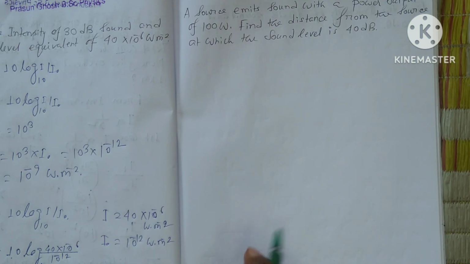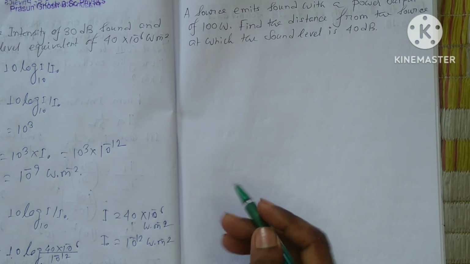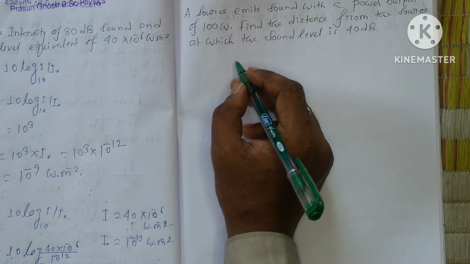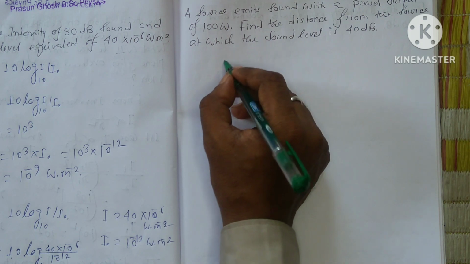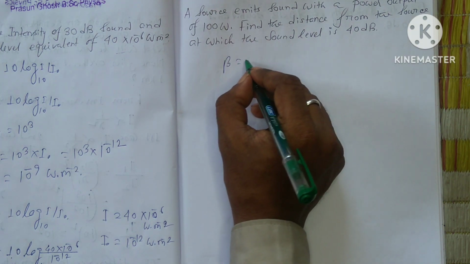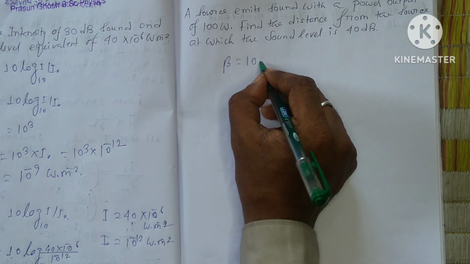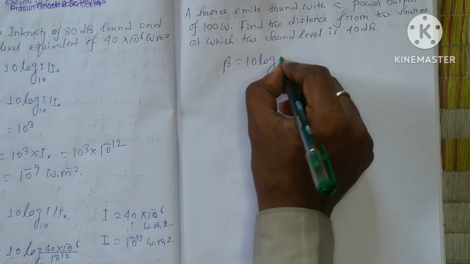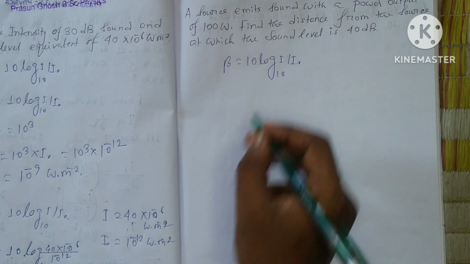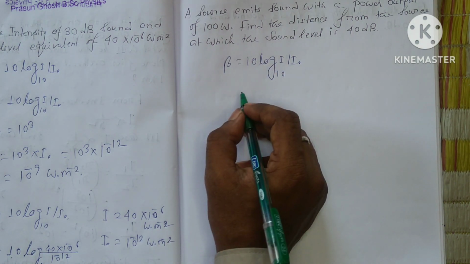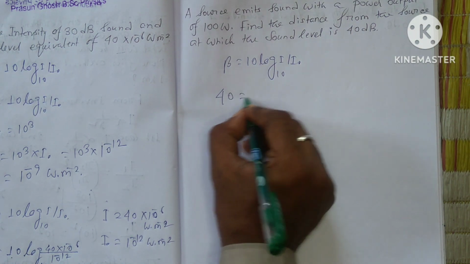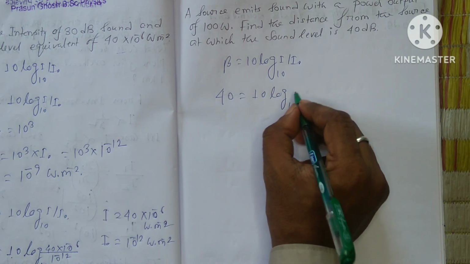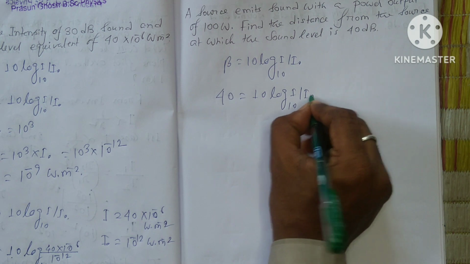So we have to calculate the required distance. So beta is given, that is 10 log 10 base I by I0. So this is given, that is 40, 10 log 10 base I by I0.